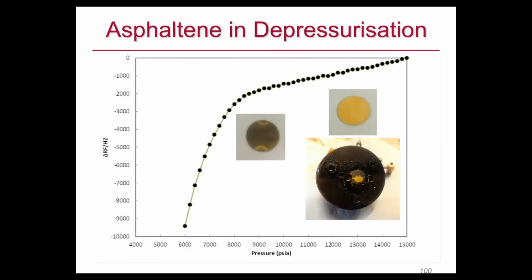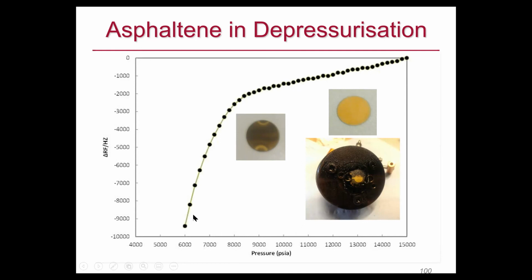And this is the result from depressurization. This is the original crystal. This is in the cell. And this is the result after forming asphaltene. And you see that the frequency is dropping because of change in density and viscosity, and then suddenly changes.